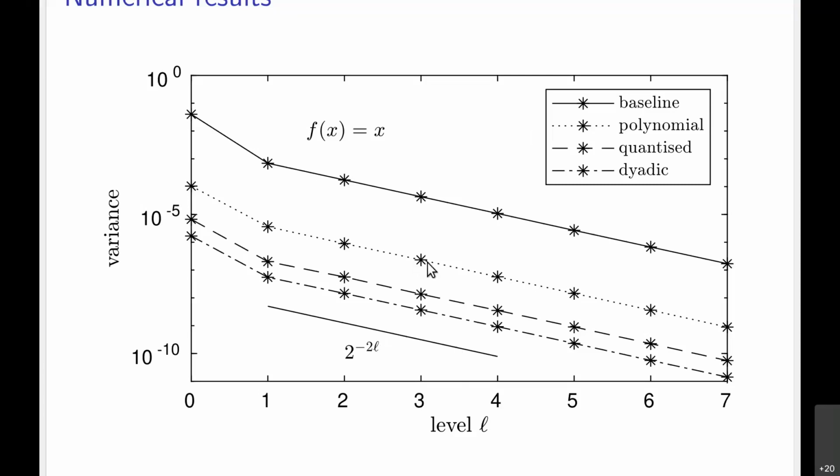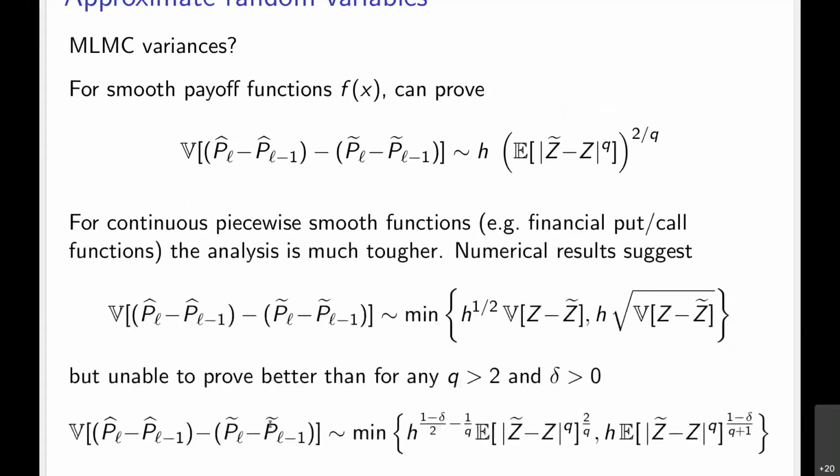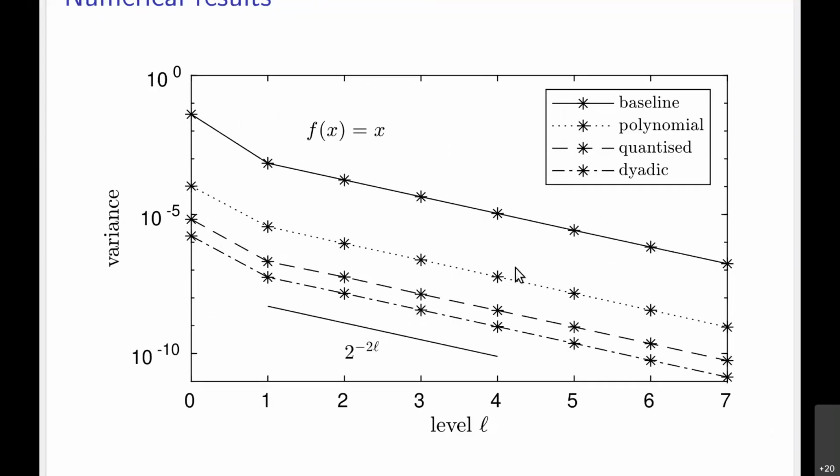And then these three below are corresponding to what I was saying on the previous slide in terms of the variance of this four-way difference. And they are likewise coming down roughly proportional to 2 to the minus 2L. The three different lines correspond to the polynomial approximation, which is the poorest.